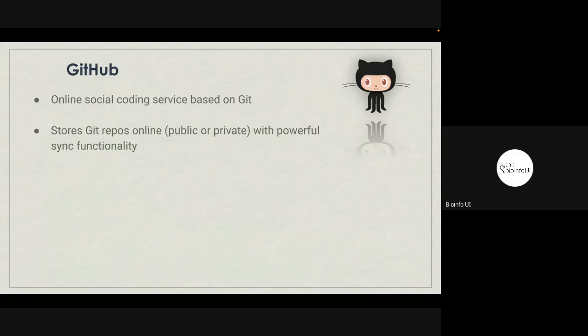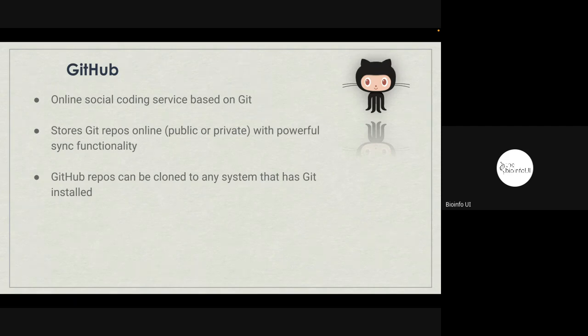On GitHub, where several people store their repos, you can see what they do, you can make a copy of what they are doing and work on it on your own end, and then sync what you are doing on your local computer back to the repo you have on GitHub. GitHub repos can be cloned to any system that has Git installed.